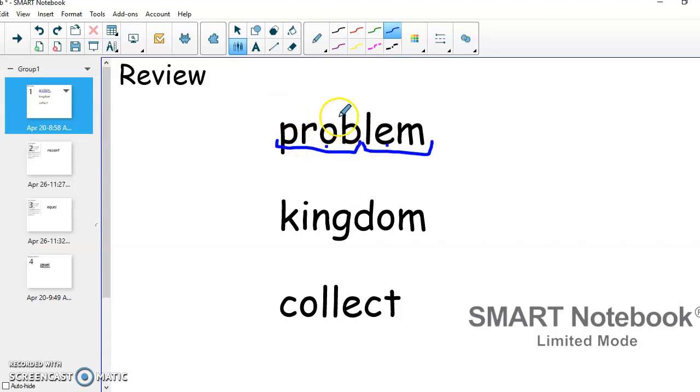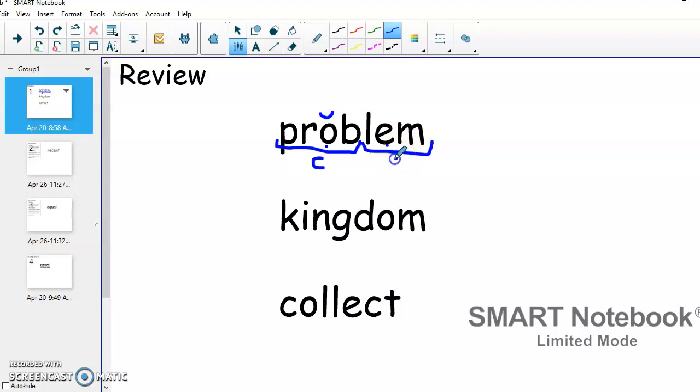Prob. So what sound does our vowel make here? Prob. That's Oscar's regular sound, so I'm going to put a smile. And because we have Oscar's sound, we know that this is a closed syllable, so I'm going to put a C. Alright, let's look at our second syllable. Lem. Problem.